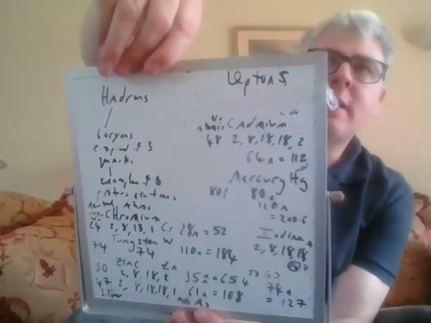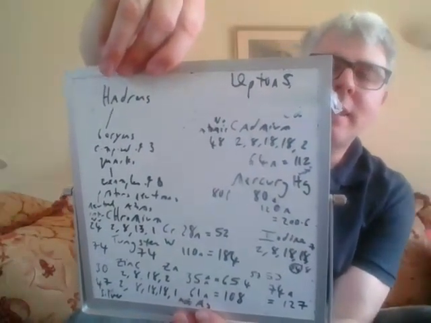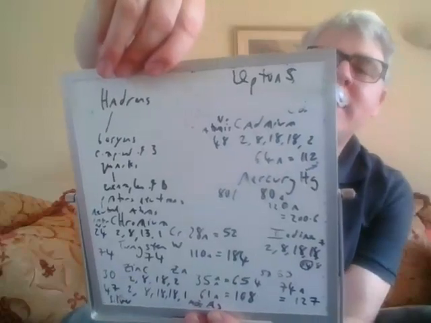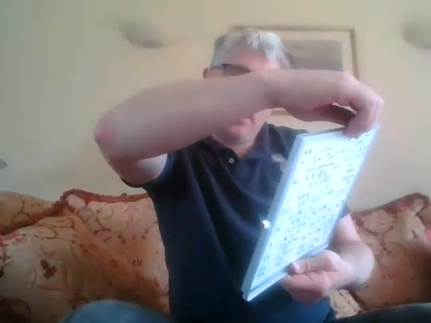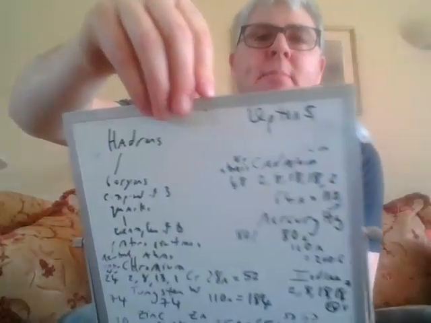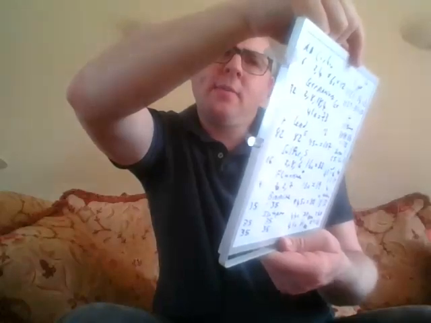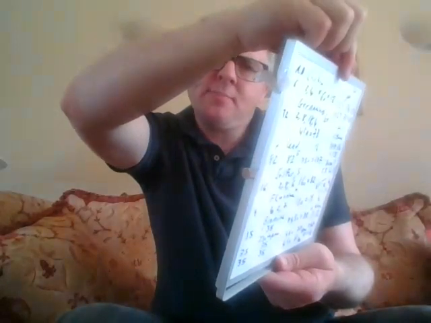Up here, I've got cadmium. Its chemical symbol is Cd, so it's a big C and a small d. It's got an atomic number of 48 and 5 energy levels for the electrons: 2, 8, 18, 18 and 2.